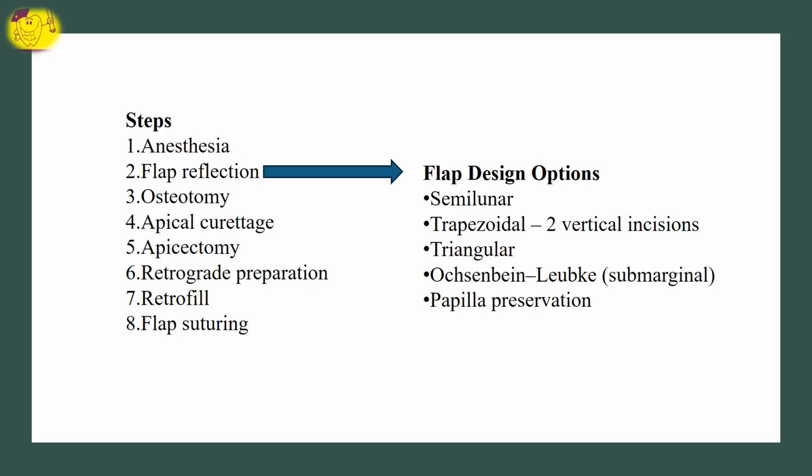You remove a small piece of bone around the root apex and then perform an apical curettage. Apicoectomy, that is, you cut the apical third of the root, and then you do a retrograde tooth preparation and then retrofill, essentially using mineral trioxide aggregate, or famously called MTA, and then suture the flap back into position. So this is in short about the apical surgery.